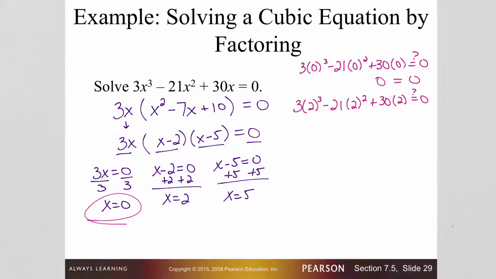Okay, 2 cubed is 8. 8 times 3 is 24. 2 squared is 4. 4 times 21 is 84. And plus 60. Alright, so let's see. 24 minus 84 is negative 60. Yep, that works.